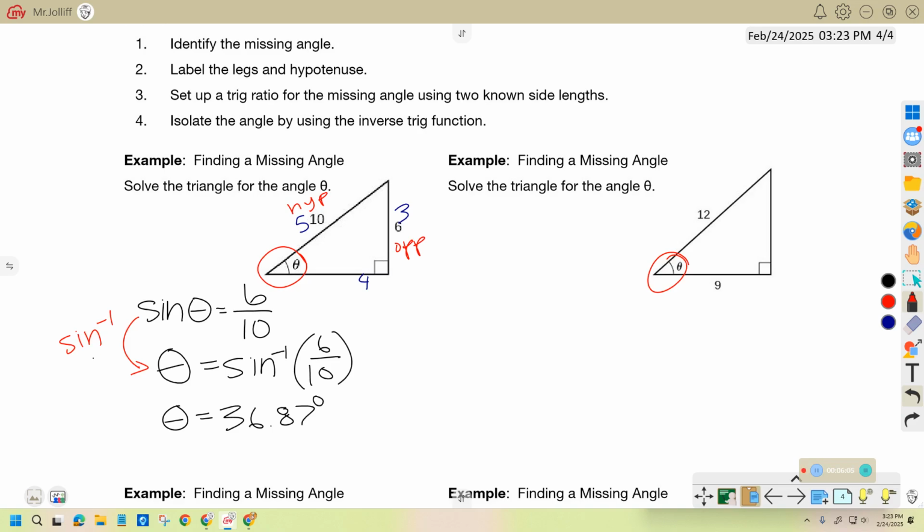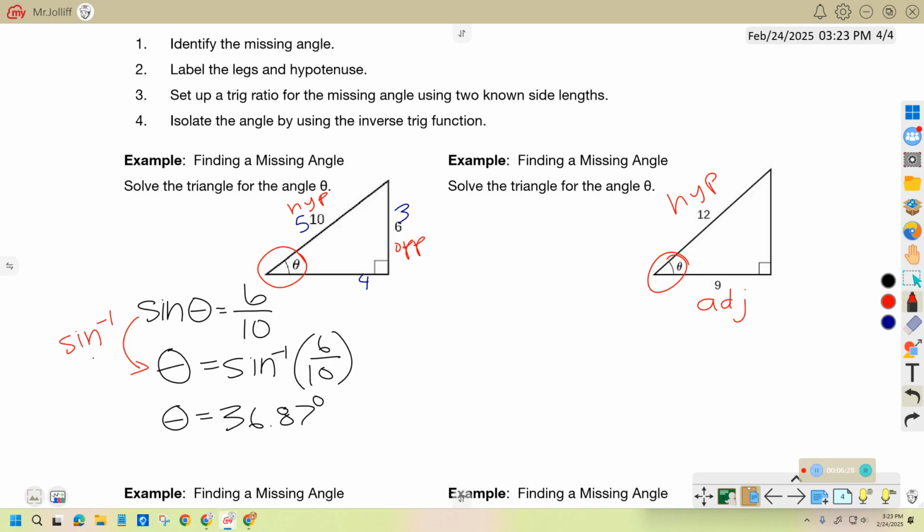Daniel, the sides with numbers, which two sides are those? Hypotenuse and adjacent. Very good. Hypotenuse is the longest. Adjacent touches the angle that we're interested in. Yeah, good.